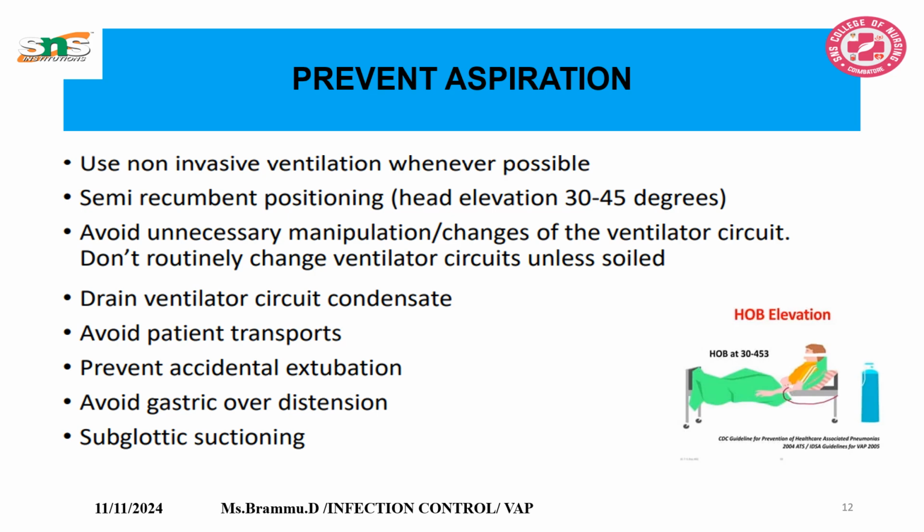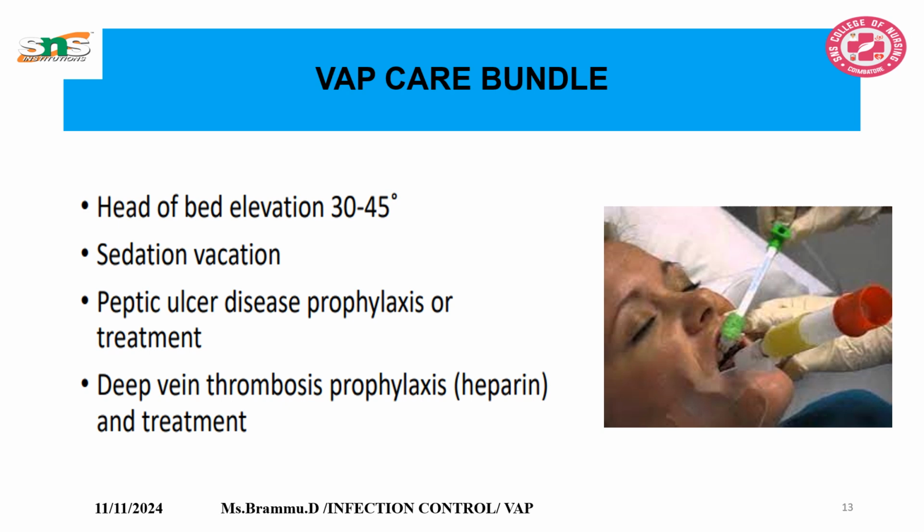Drain the ventilator circuit condensate, avoid frequent patient transport, and prevent accidental extubation of the patient because that can be a high risk for aspiration. Whenever we do NG feeding or PEG feeding, do not overfeed the patient, so avoid gastric overdistension. Subglottic suctioning can be used to prevent VAP.